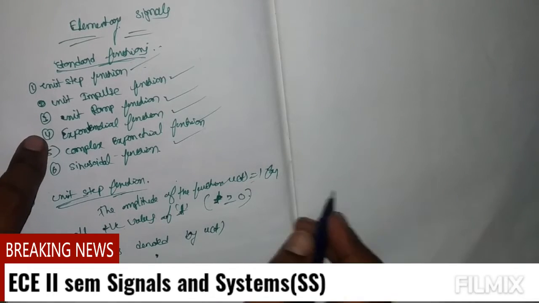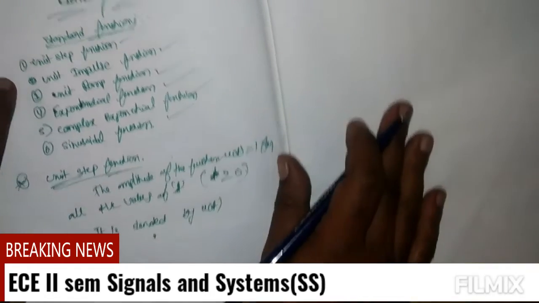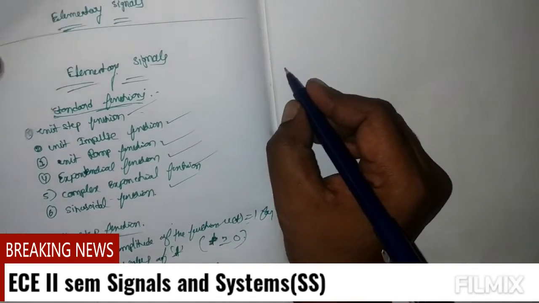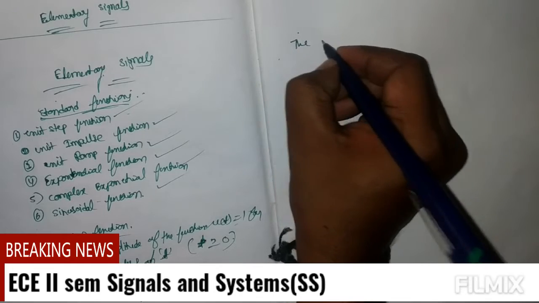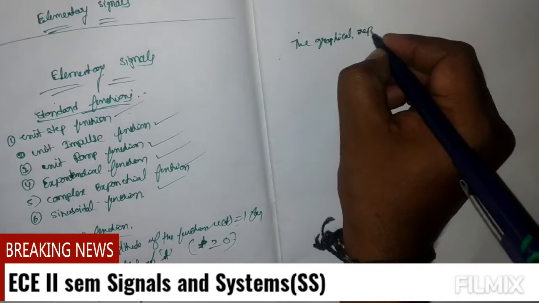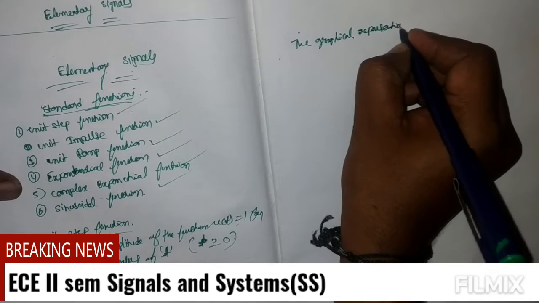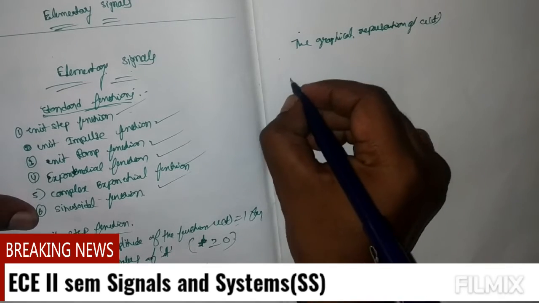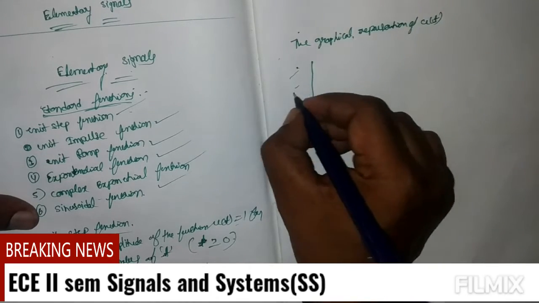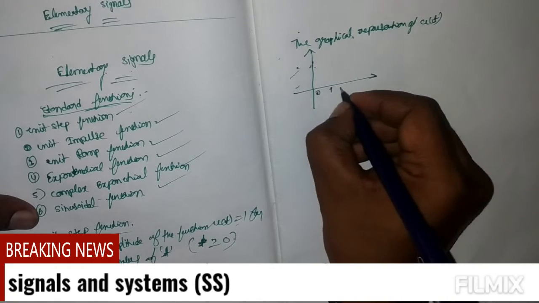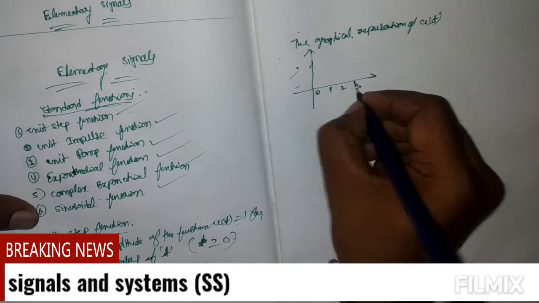The graphical representation of the unit step function u of t, in a continuous time signal, is plotted against time small t at 0, 1, 2, 3.